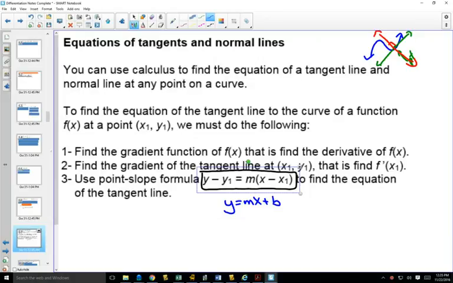Both of them require that you plug in your m value and a point. In the point slope formula, once you plug in m and your point, you just need to rearrange it and you've got your equation. In slope intercept form, you plug in your slope, you plug in the point for x and y, and that helps you figure out what b is. And once you've figured out b, you've got your equation of your line.